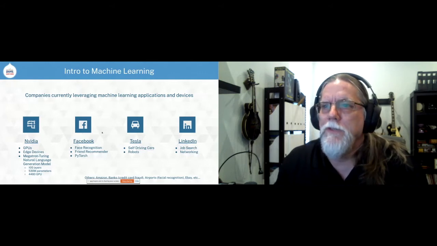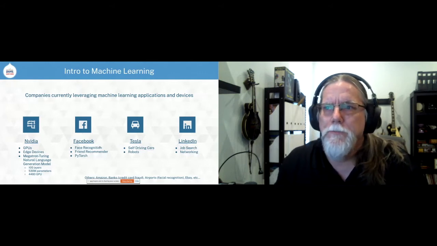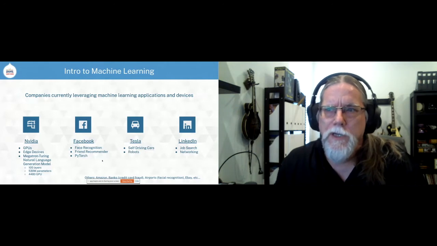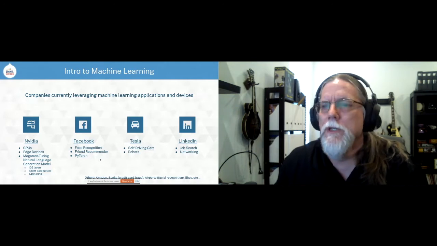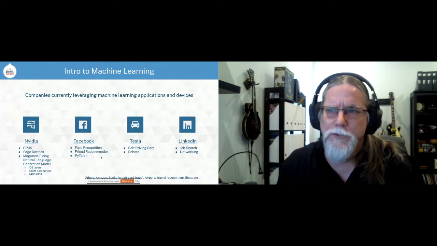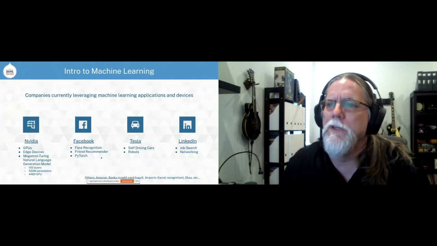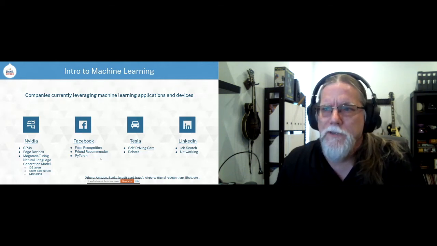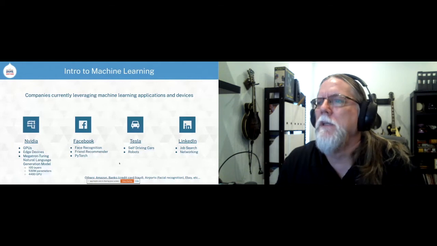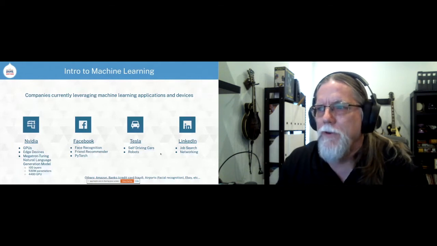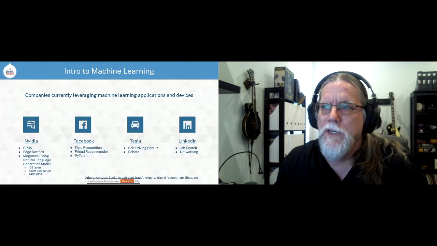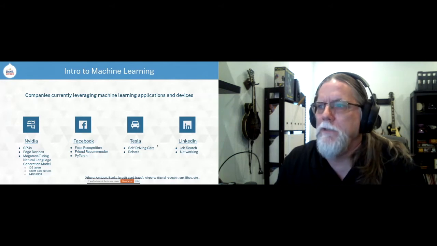Another company using machine learning, of course, is Facebook with face recognition and friend recommender, and they also developed PyTorch, which is an alternate machine learning framework that you can use. It's also within Python. Tesla, of course, self-driving cars with OpenCV, which is open computer vision.